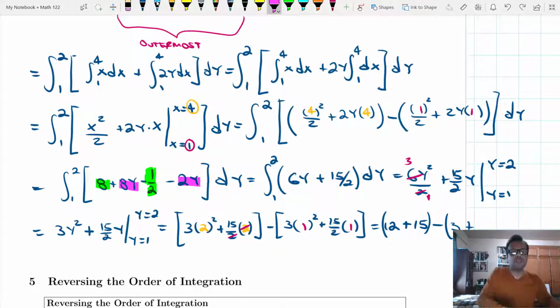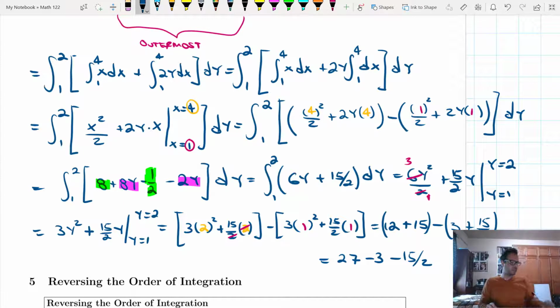That's simply 15 over 2, okay? And let's simplify this. So 12 plus 15, that's going to give us 27, right? Minus 3 minus 15 halves.